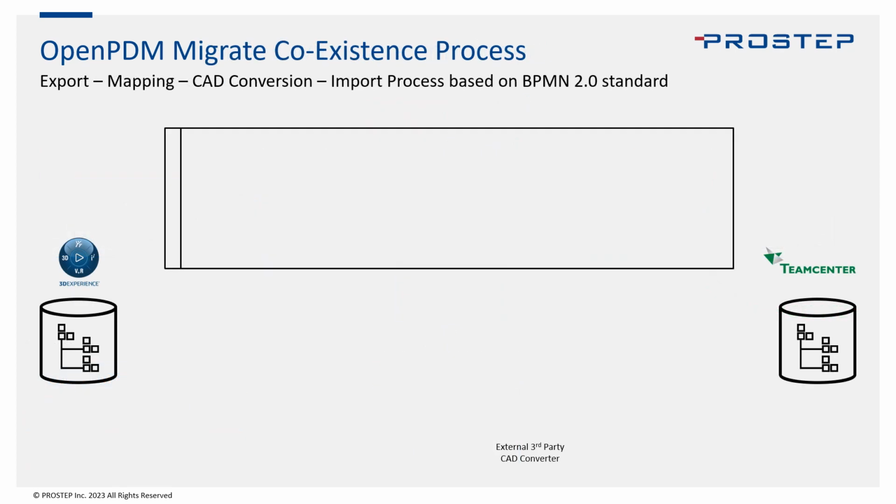So within OpenPDM Migrate, if we're doing a coexistence style migration, typically we're dealing with a bidirectional exchange of data. And because of that, when data is released within one system, an update needs to be created within the other.